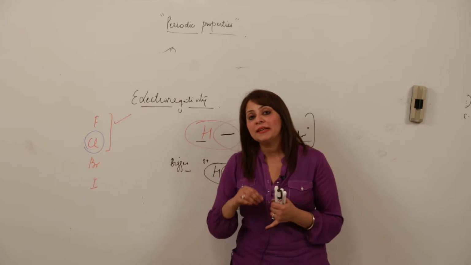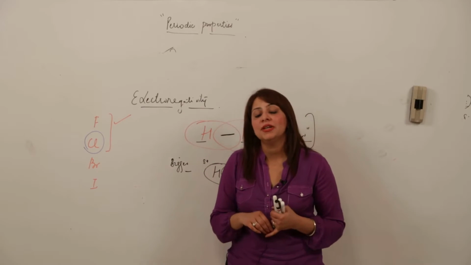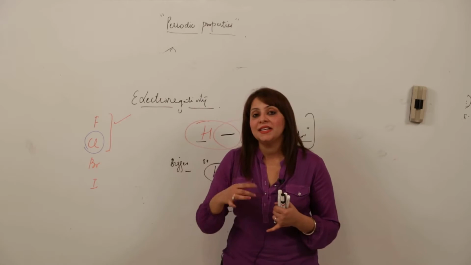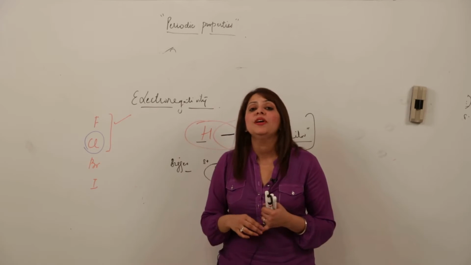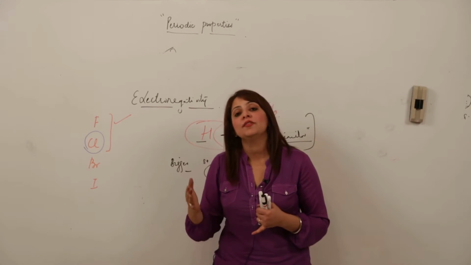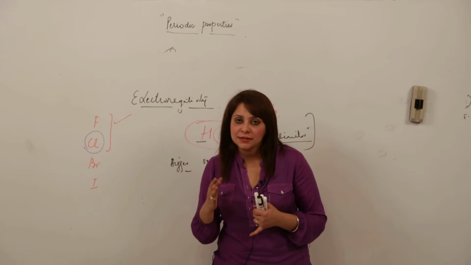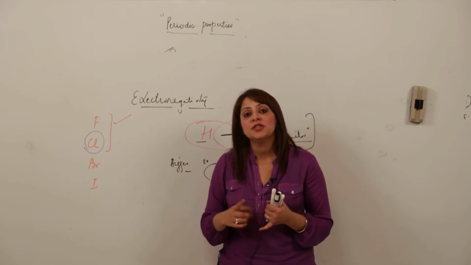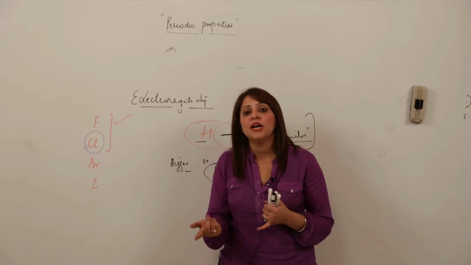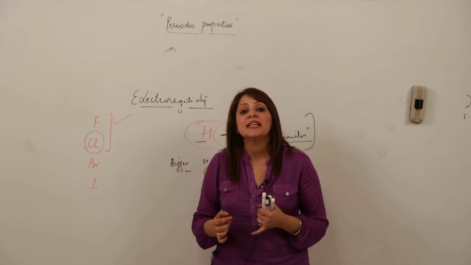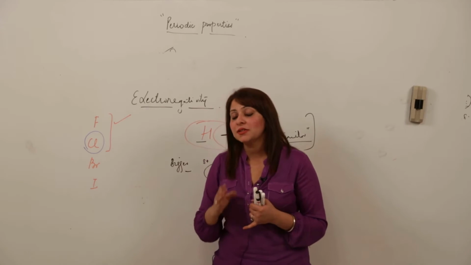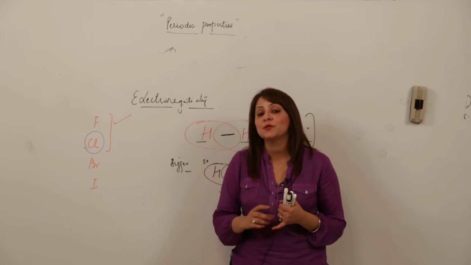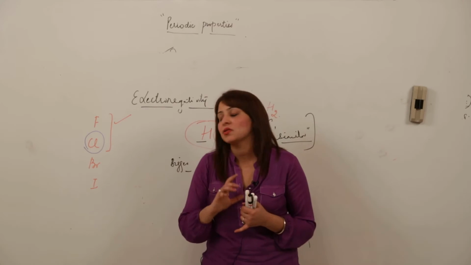So the definition clearly states the amount of energy required to remove an electron from the outermost shell of an atom when it is in gaseous state. Similarly, electron affinity is the amount of energy released when an electron is added to the outermost shell of an atom when it is in gaseous state. Just keep in mind that the words gaseous state are very important. They should be there in your definition.